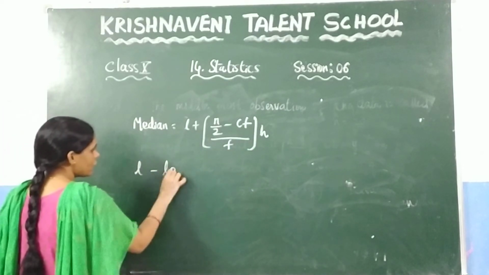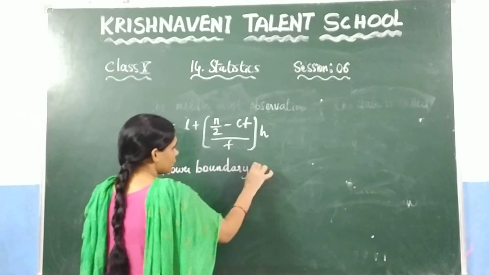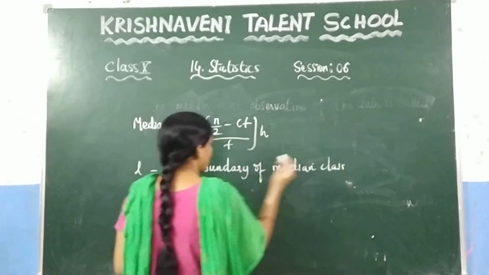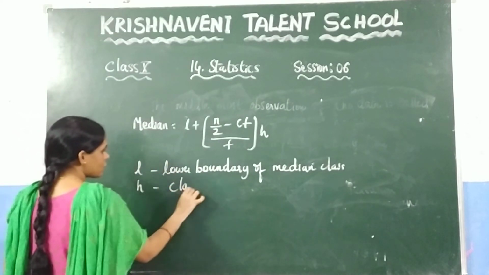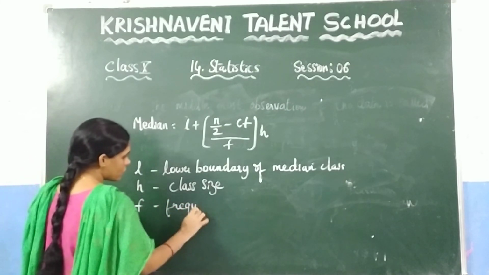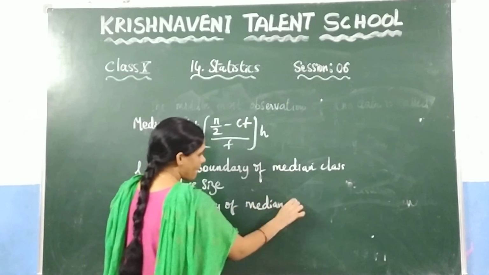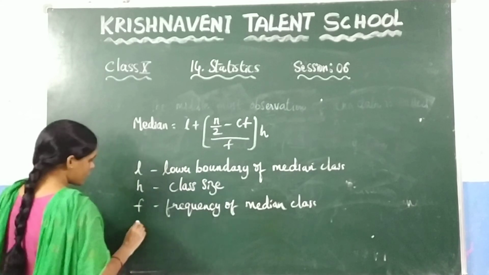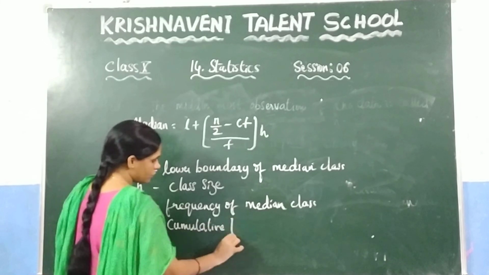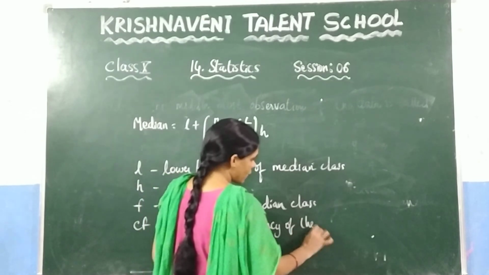Here, what is L here, which is nothing but the lower boundary of the median class. And what is H, class size, and what is F here, frequency of the median class, and what is CF, cumulative frequency of the preceding median class.